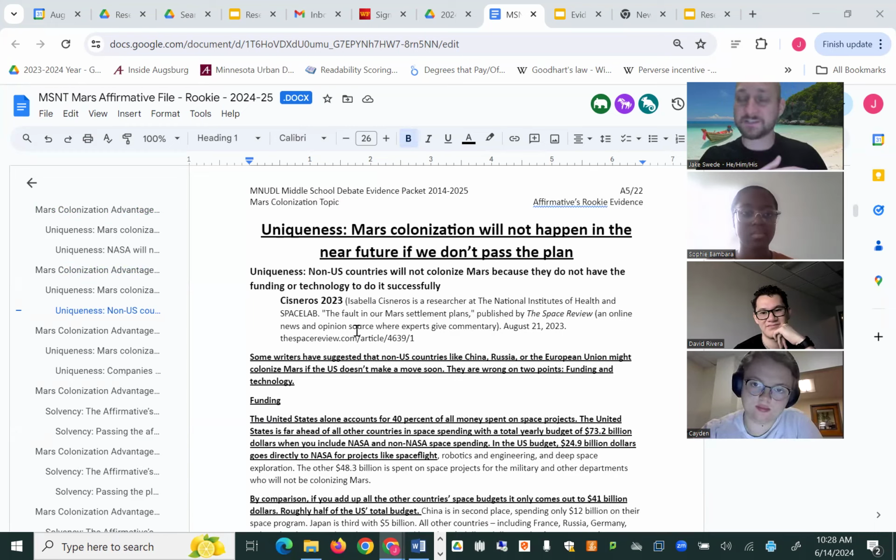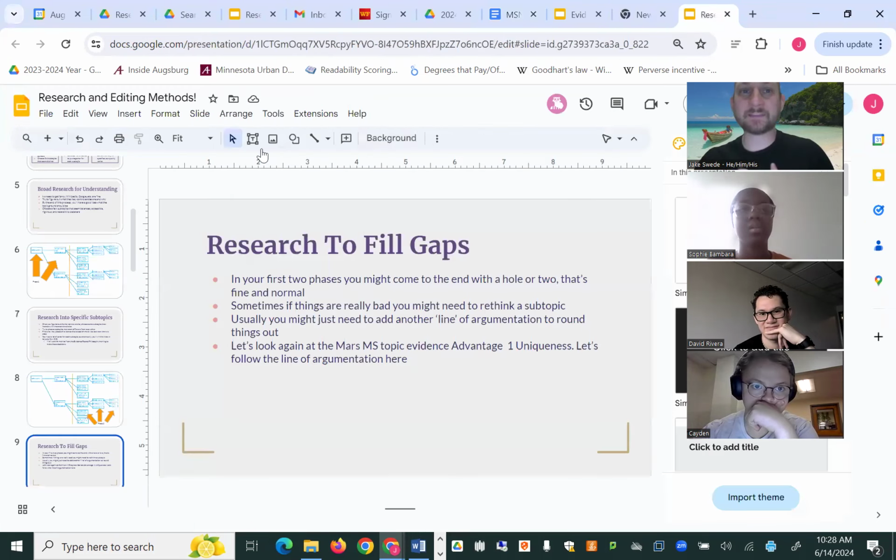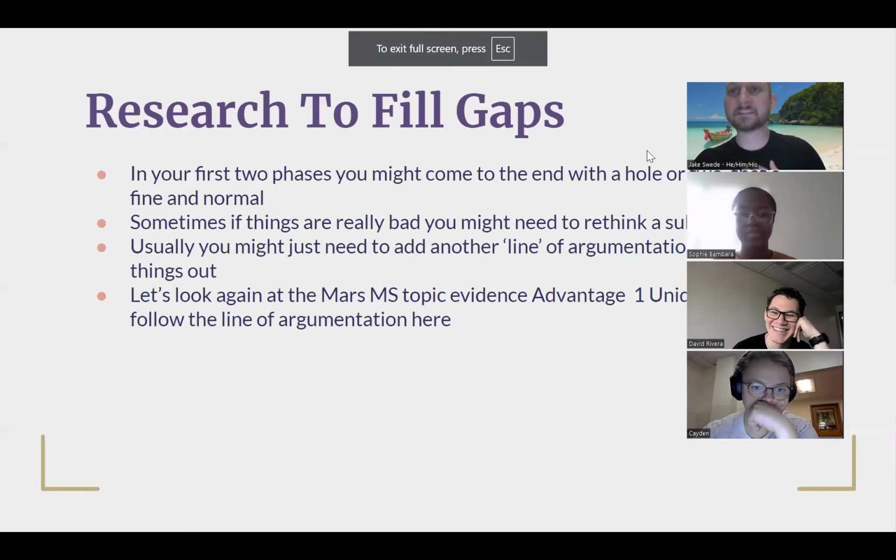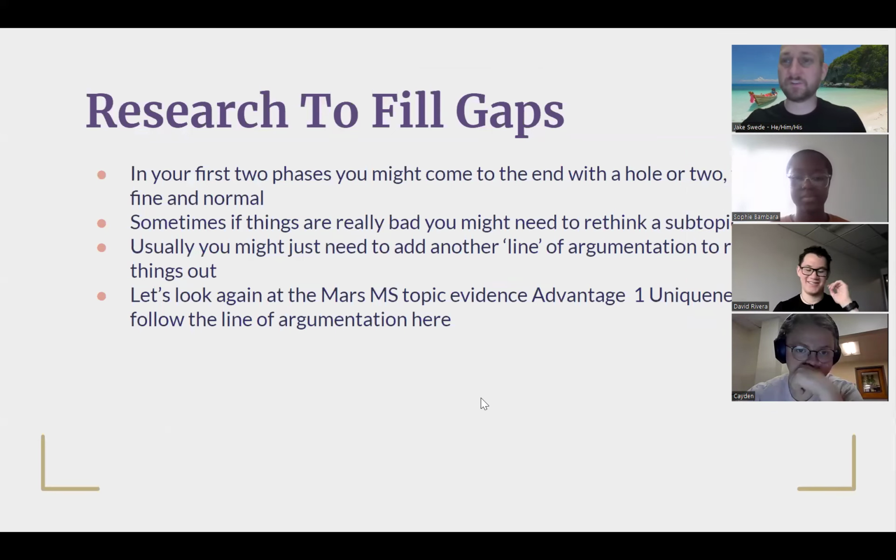I don't want another card that just says NASA doesn't have the money or Elon doesn't have the money. I want some other choice. So I had to go into phase three to find this card, and that's probably what's going to happen to you at some point. So that's what research to fill the gaps looks like.